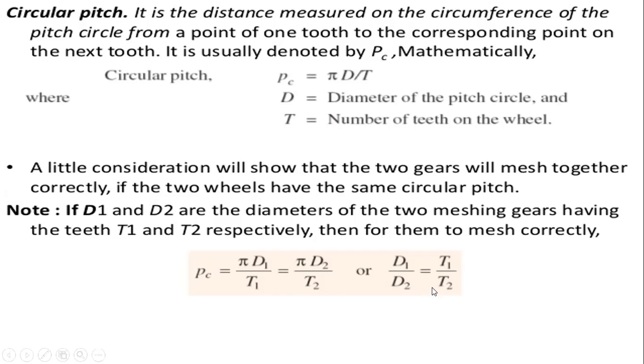So this is the general formula for the pitch circle.